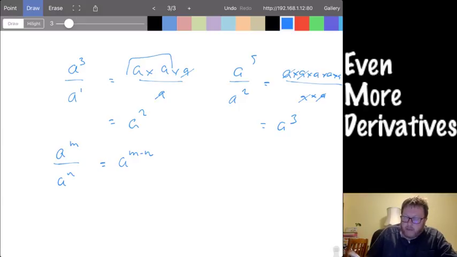Okay, so how does that relate to what we've been doing? Well, if I have 1 over a to the power of n, well, 1 is just a to the power of 0, because anything raised to the power of 0 is just 1.